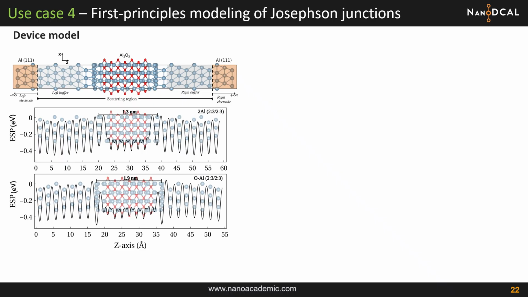The electrostatic potential first is very different in both cases, and the atomistic description of the electrostatic potential shows features that are much more complex than typical square potential barriers that are used to model Josephson junctions.